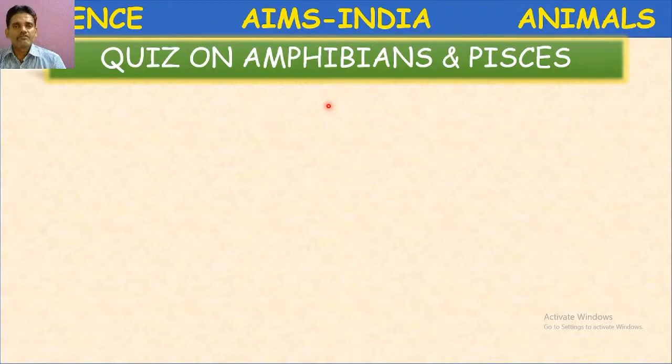Tailed amphibians, salamander; without tail, frogs. Fishes are also two types: cartilaginous fishes and bony fishes. Cartilaginous fishes, one example, tell children: shark. Then bony fish, carps. So let us check ourselves.